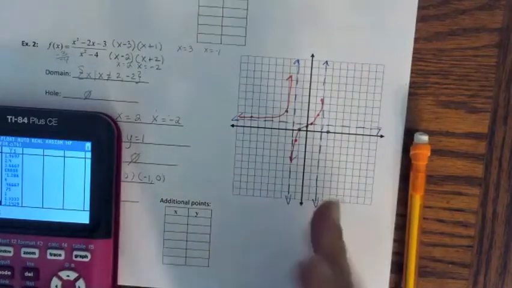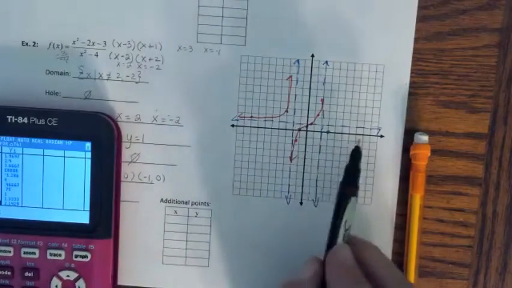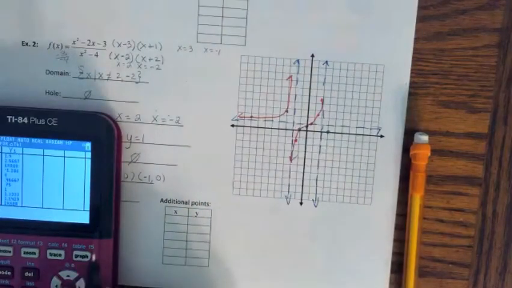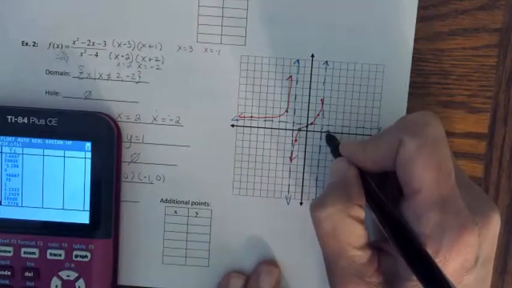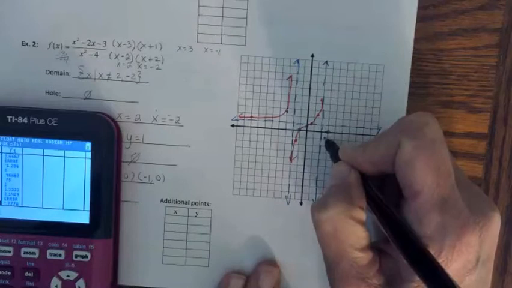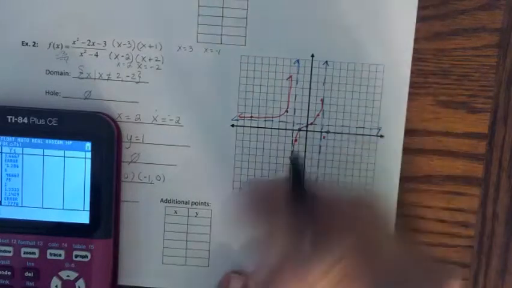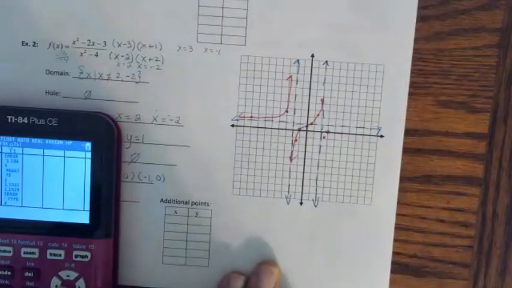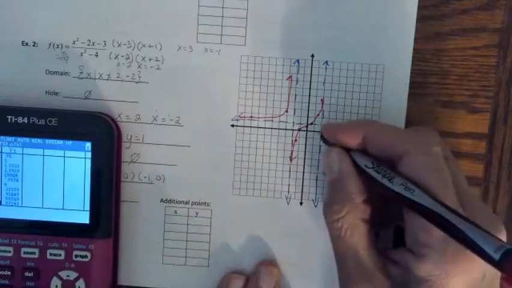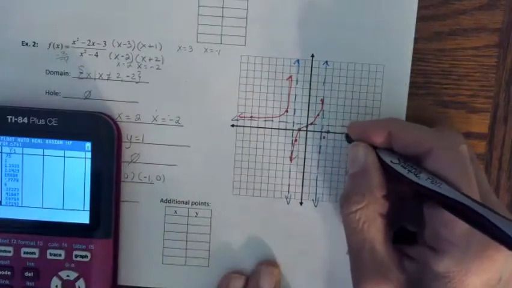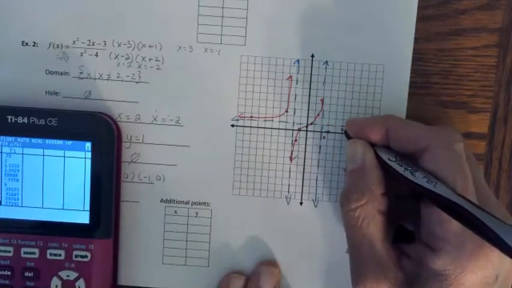And then I'm going to look at points that are greater than 2. So at 2.5, I'm at -0.77. And we know that at 3, we're at 0. That was my x-intercept, my other one. At 5, I'm at 0.57.